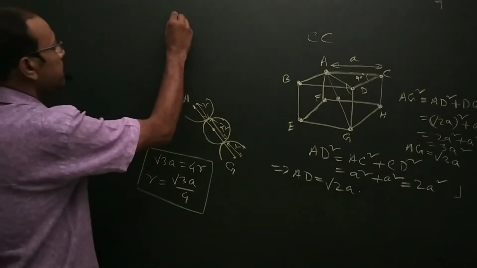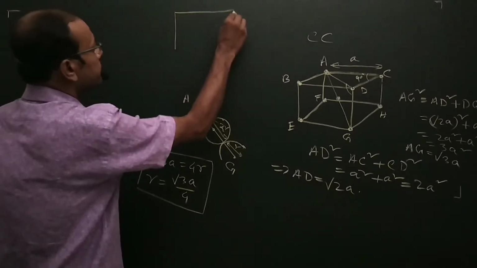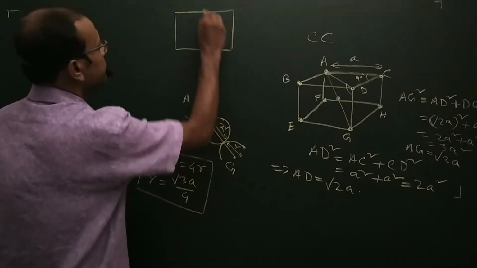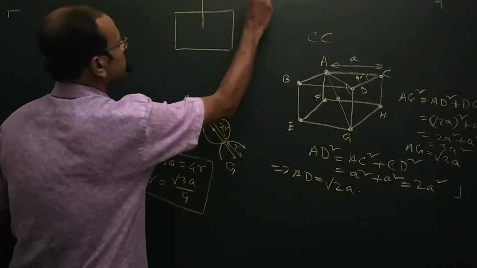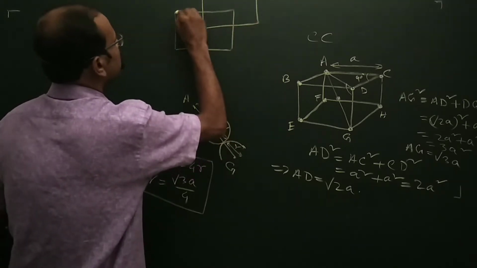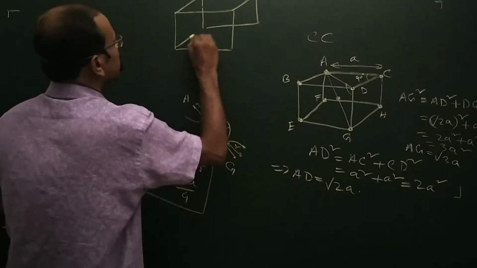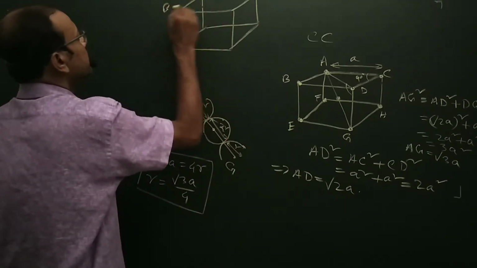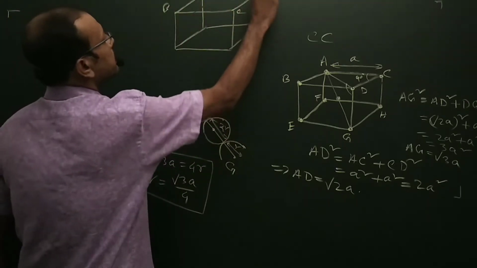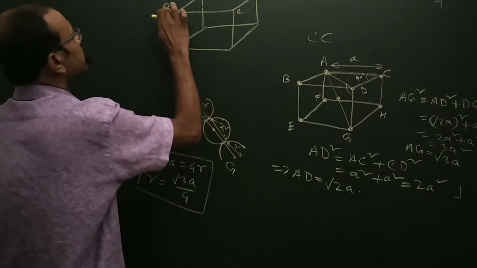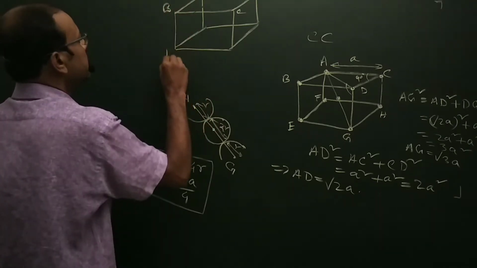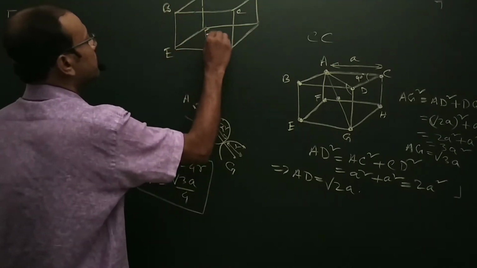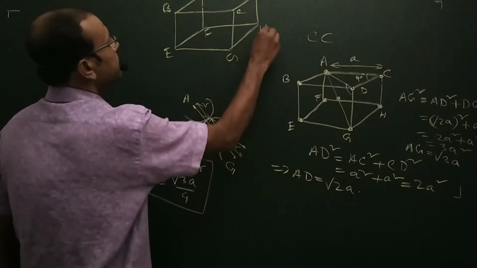For this one I am again taking a cube of edge length a, and again naming the cube A, B, C, D, E, F, G and H.